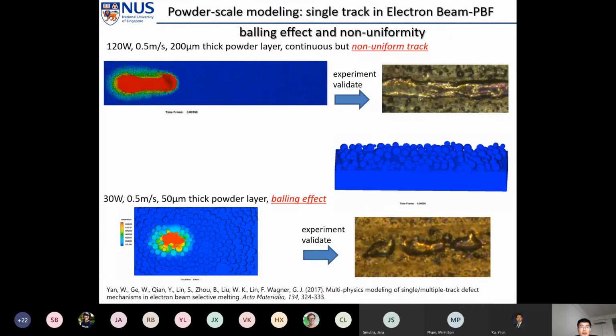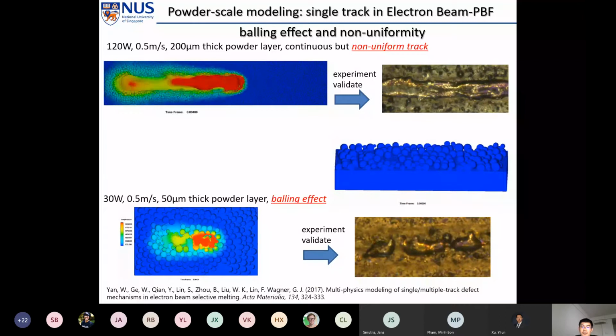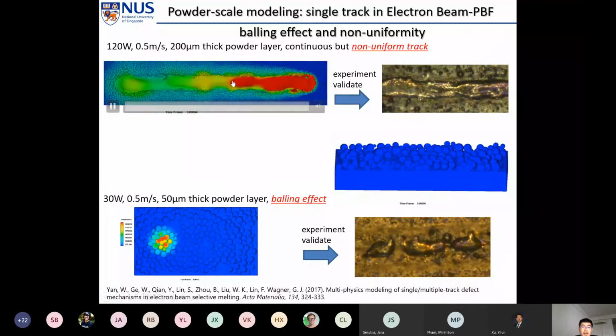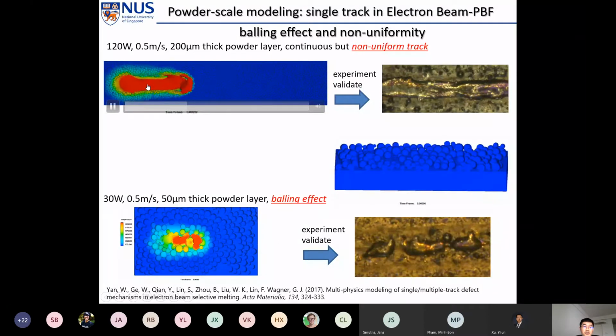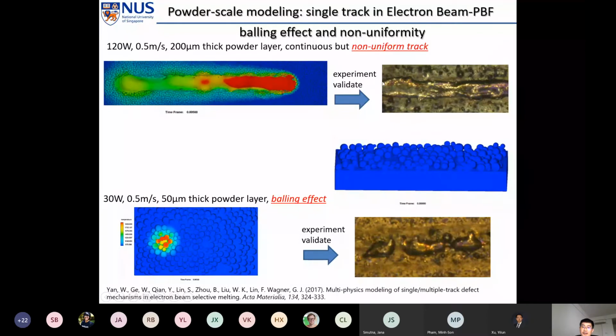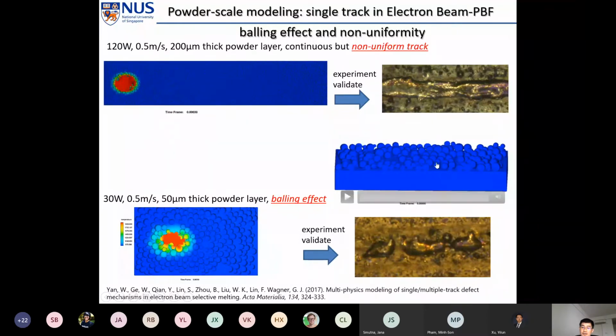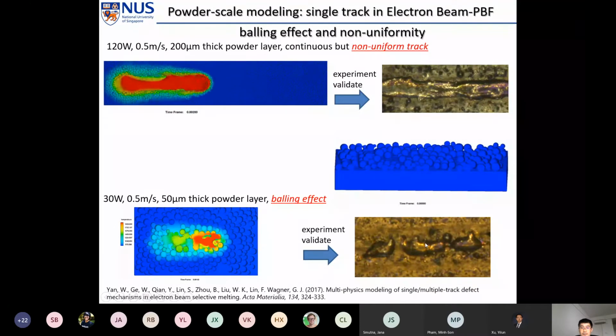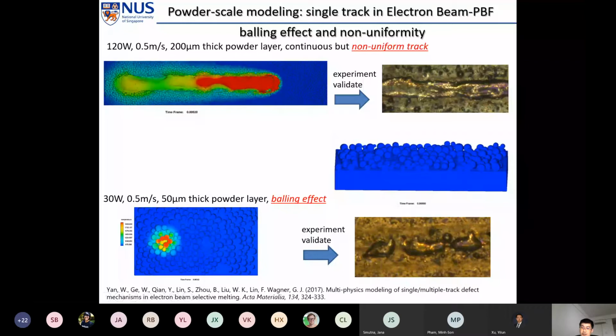With this model, we further investigate some phenomena observed in the experiments. For example, when we scan a single track, our expectation is that we get a uniform straight track, right? But in reality, it's not like that. It's non-uniform, or sometimes even isolated droplets. This is very harmful for the surface roughness and the dimensional accuracy.